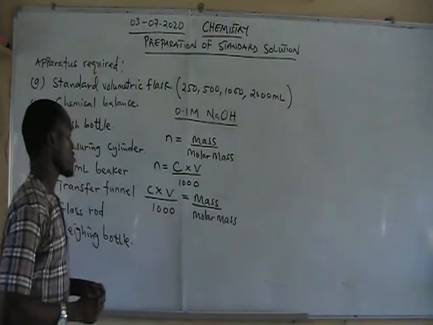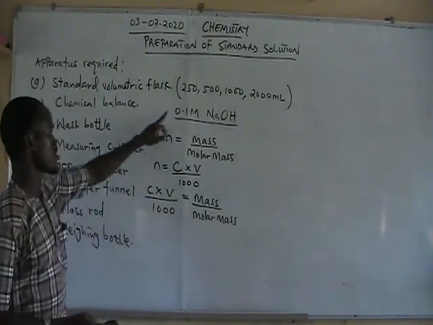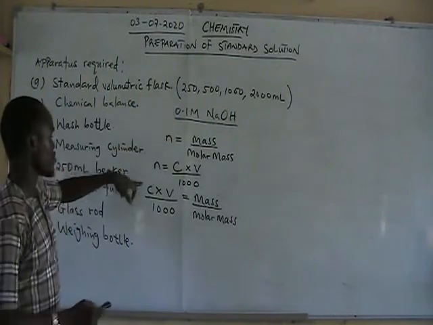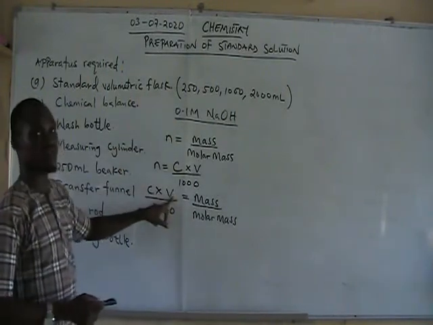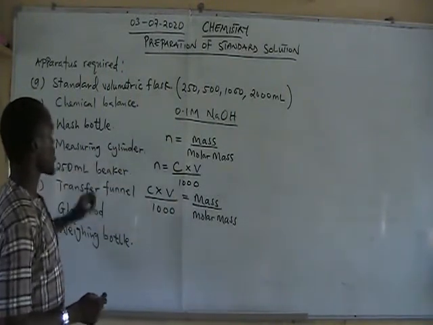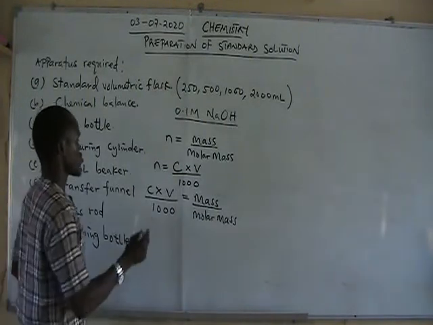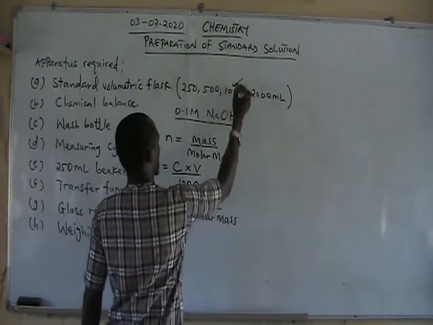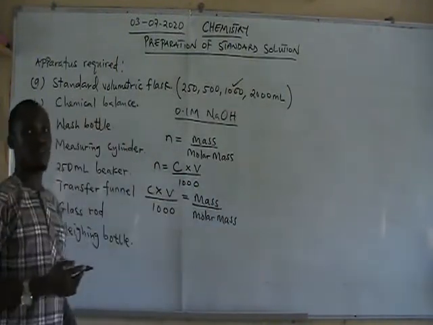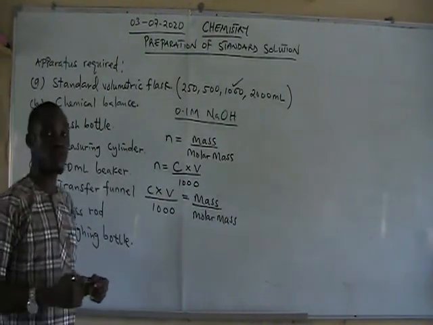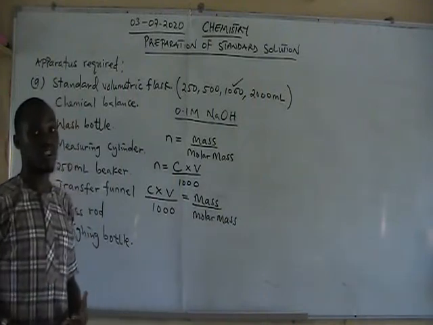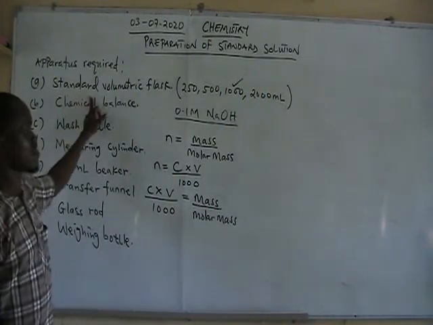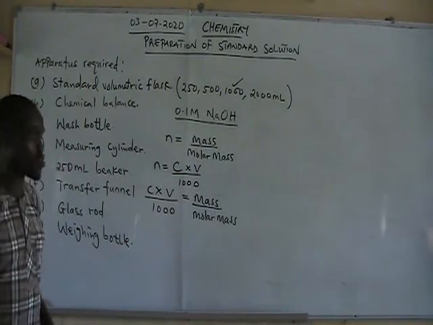Now C is the concentration, which is the 0.1 molar of the solution that we want to prepare. Then V stands for the volume of our standard solution. In this case, assuming we want to prepare 1000 ml, maybe due to the number of students who want to engage in the practicals, I'll choose the 1000 ml capacity standard volumetric flask to prepare my standard solution.